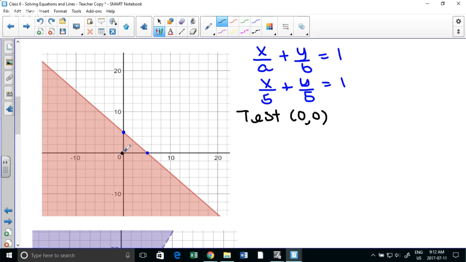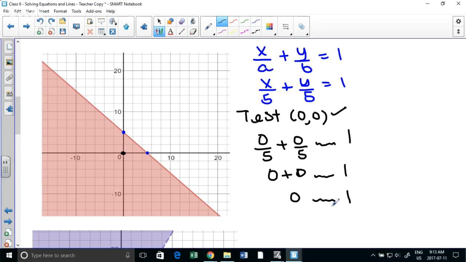So because 0, 0 falls within my region, I'm going to use that as my test. So what you do is you plug it in. You say 0 over 5 plus 0 over 5. We're going to leave a blank space for our inequality, and 1. So this gives me 0 plus 0, my inequality, and 1.